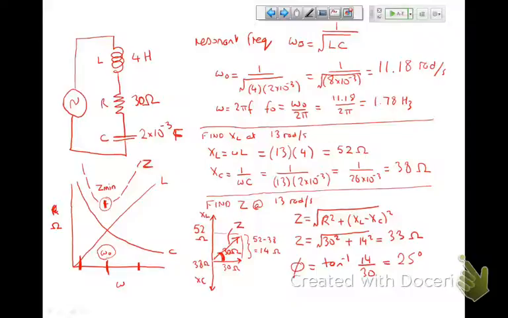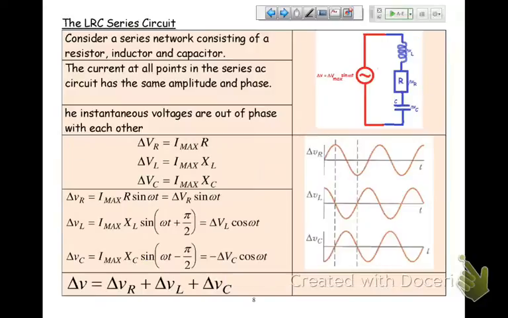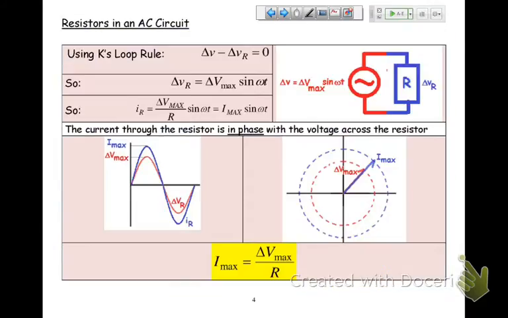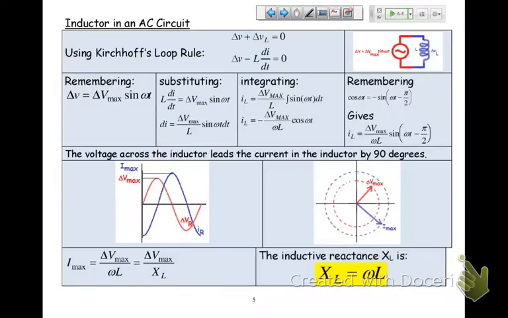Yes? So L is always going to be over C, or like on the graph? Oh, yes. Because of that work we did here, we found out, if you look at, don't look at the current. This is how the textbook does it. It focuses on the voltage and says, look how the current's varied. But later on we say the current is the same through all the devices. I wish it had done it the other way. But if you look at this, when you're doing the inductor, the voltage is leading the current by 90.